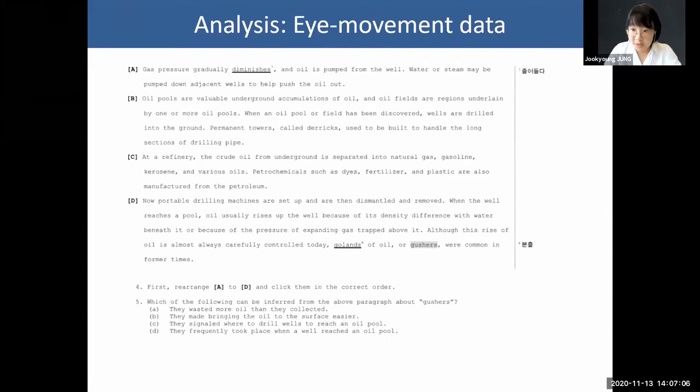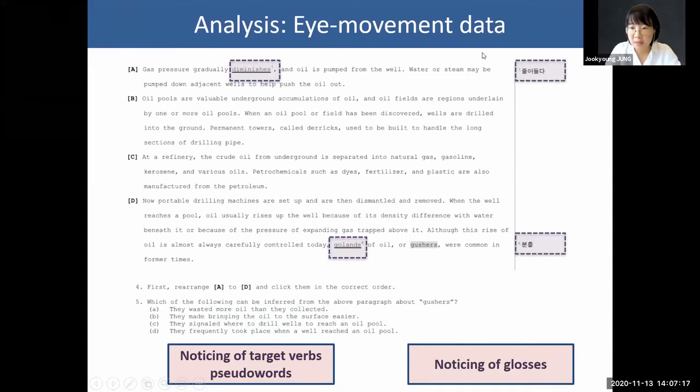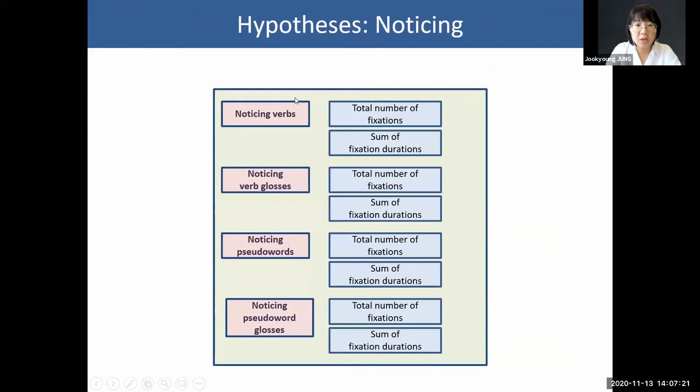And for the noticing indices, we defined areas of interest around the target verbs as well as pseudo words and their corresponding glosses. So as you can see here, noticing verbs, noticing glosses of the verbs, noticing pseudo words, and then noticing pseudo word glosses.